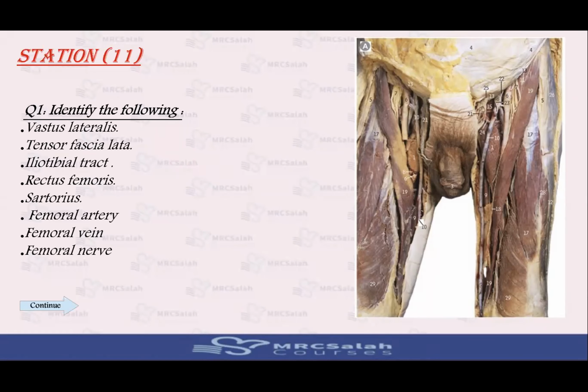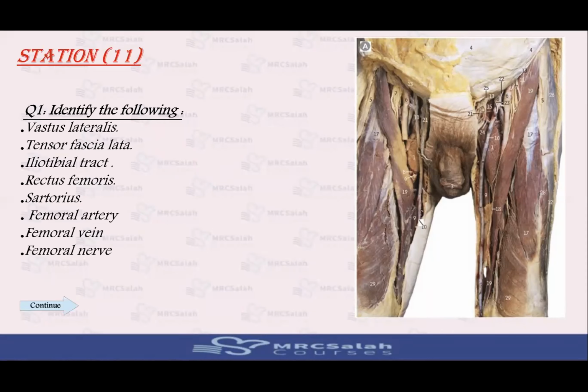If a patient got an injury and tore his hamstring, what will be the result? Loss of hamstring muscles, loss of extension of the hip.